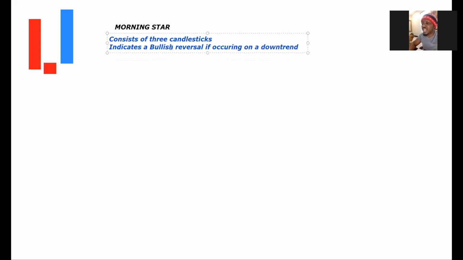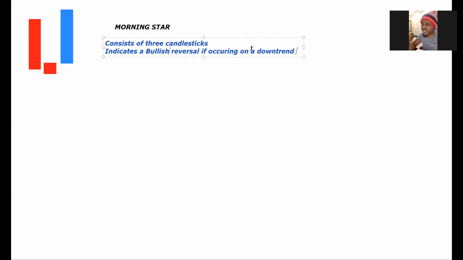And that's the only time it's going to signify a bullish reversal for you. When it's occurring in a downtrend, right? Otherwise, it's not going to mean much for you. And the opposite of this is obviously the evening star, which is the exact opposite of what we have here.